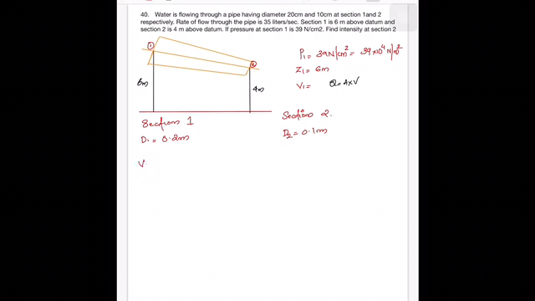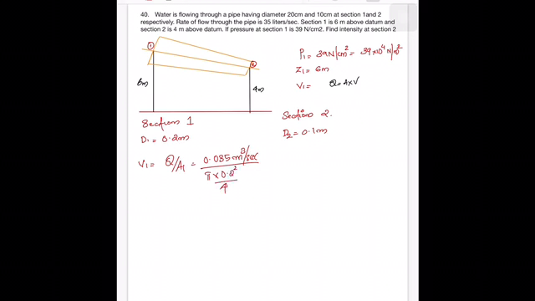V1 is equal to Q divided by A1. Q is 35 liters per second. That happens to be 0.035 meter cube per second, divided by pi d square by 4.